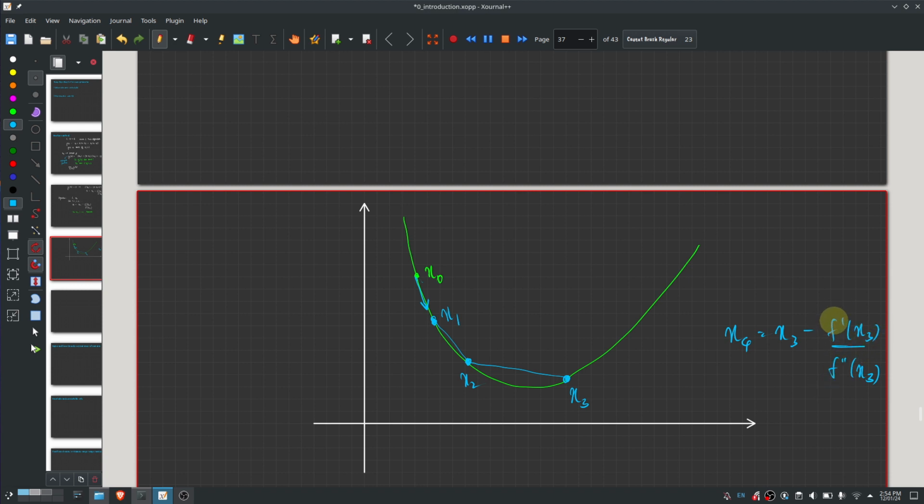This quantity is also positive now. So it's going to be x3 minus some particular quantity. So I'm going to make a jump here and so on. So at every step, this algorithm is moving in the direction of the point of minimum.